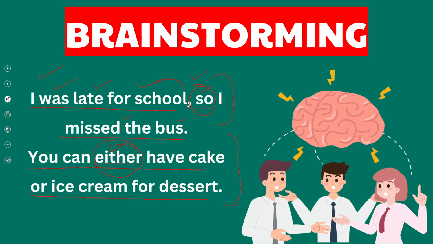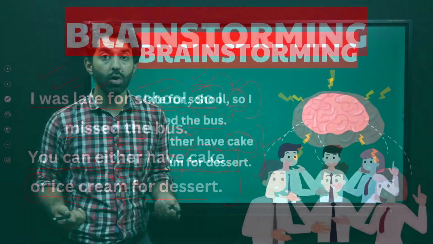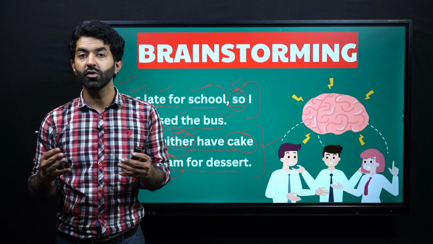For example, this is showing a choice between cake and ice cream. So either, or, they are working as pairs, they are correlative conjunctions, therefore showing a choice. I was late for school, and this is the cause, and the effect is I missed the bus. So we use such conjunctions for showing cause and effect, and we use words like either, or to show choice. So this was an example.